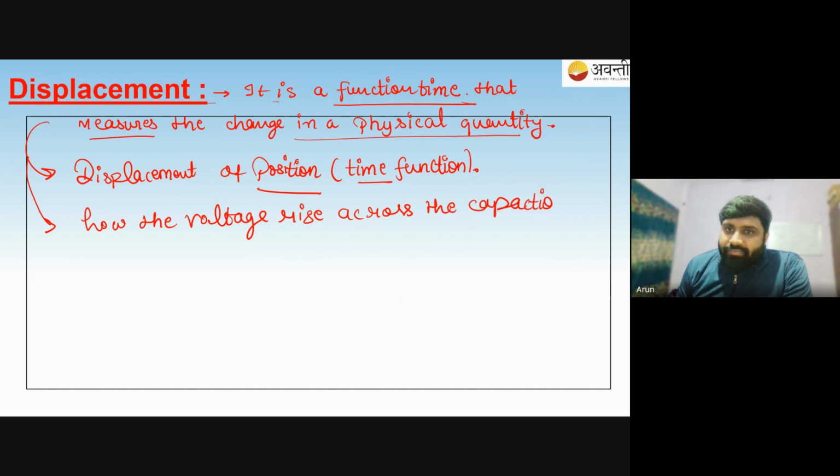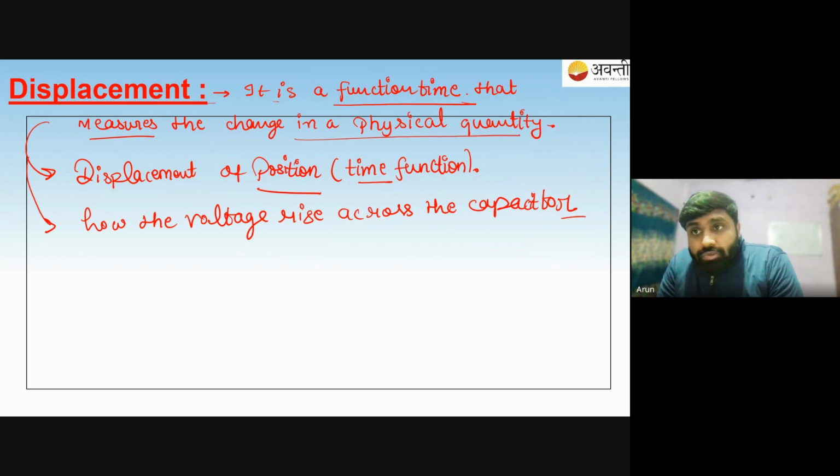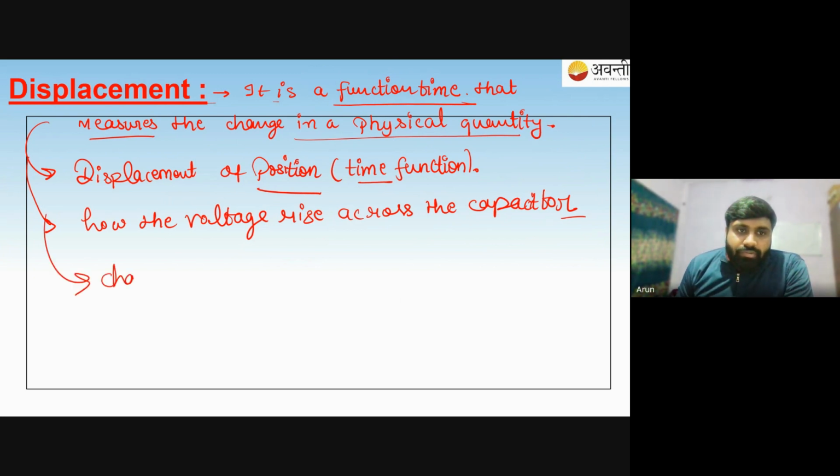Capacitor is a device which is used to store the charge. Across the capacitor, that will also be time bound. So we can say that it is the displacement of voltage. Here, voltage is the displacement function. We can also say the change of pressure with respect to time.